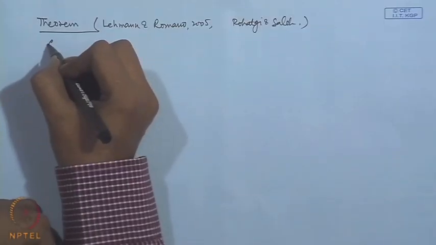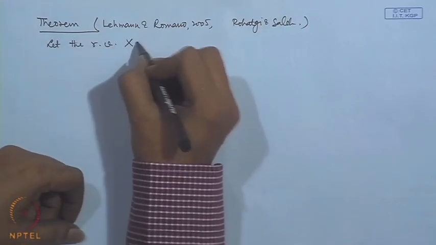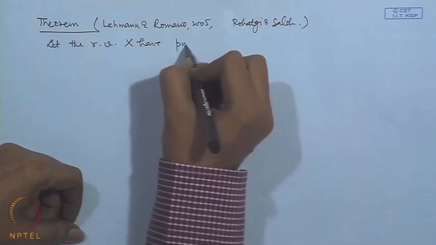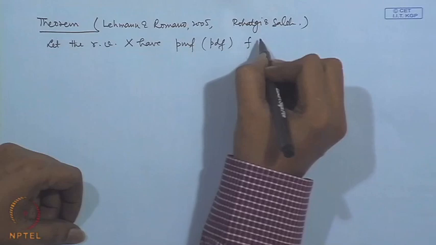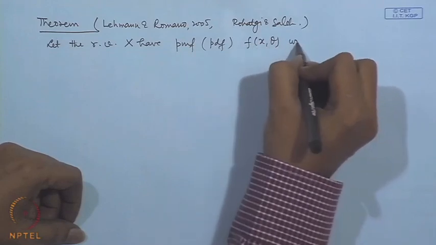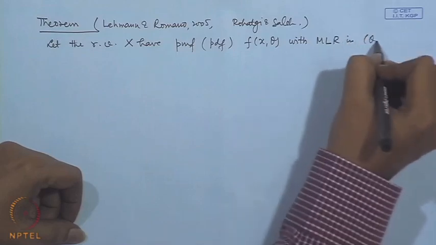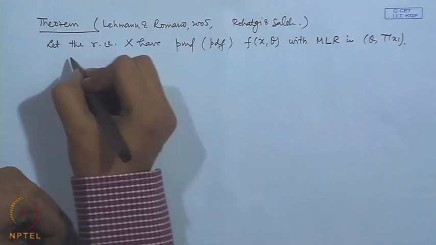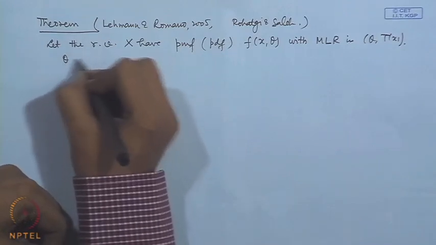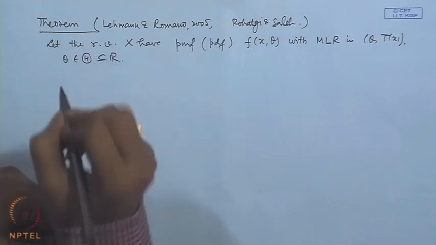So, let the random variable x have probability mass function or probability density function, say f(x, theta), with monotone likelihood ratio in T(x). And of course, here theta is a real parameter, theta belongs to Theta, which is a subset of the real line.